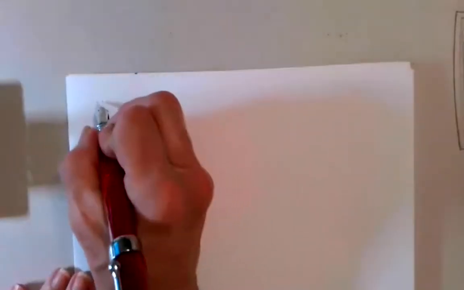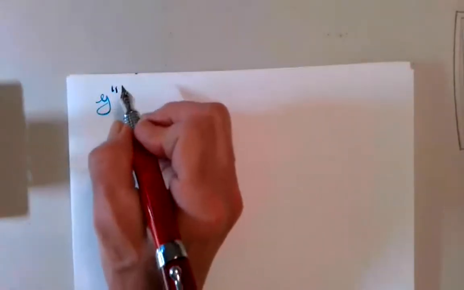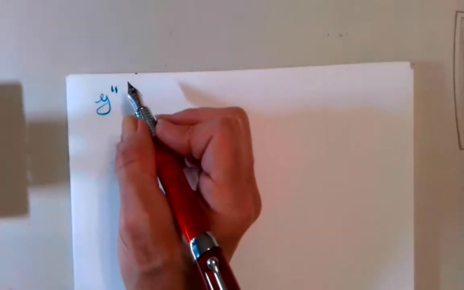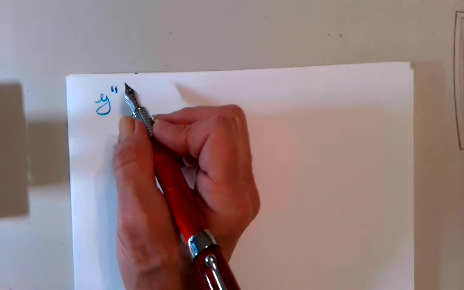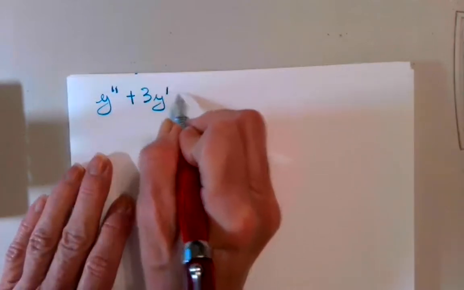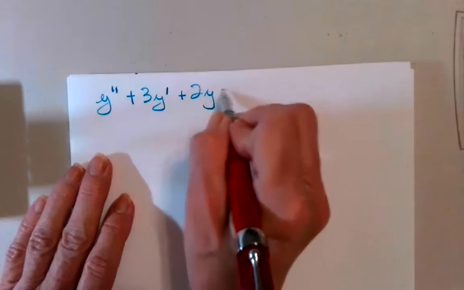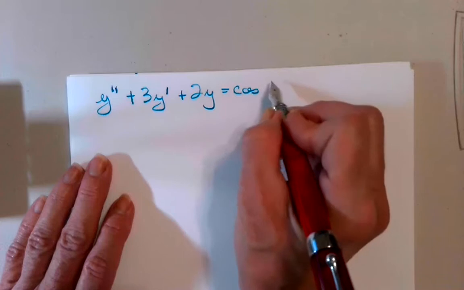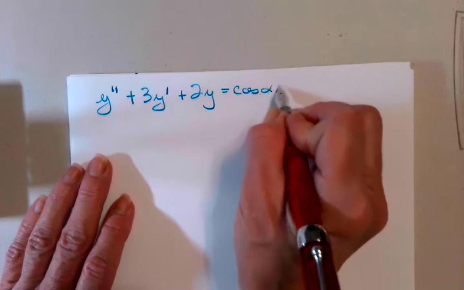Okay, so suppose I look at the equation y double prime plus 3y prime plus 2y equals cosine alpha t.